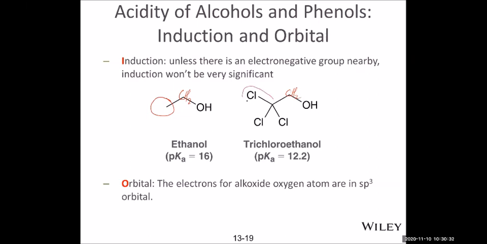The strongly electronegative chlorines pull electrons away from the carbon. So that helps stabilize the negative charge on the oxide anion. That's why trichloroethanol is more acidic than the normal alcohol, because of the induction effect.